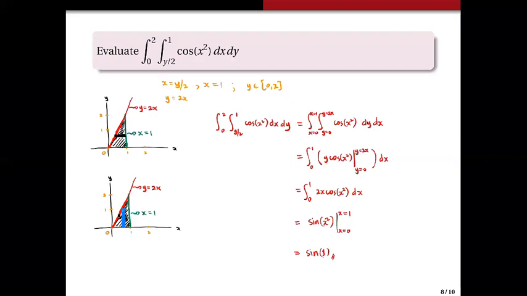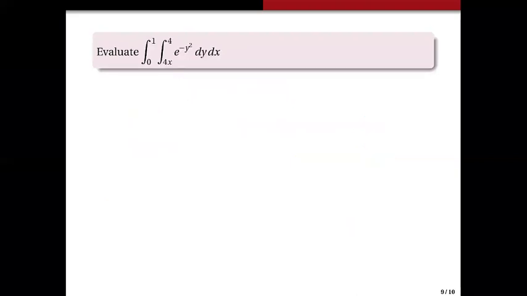Okay. For my last problem for this session, evaluate the integral from 0 to 1, integral from 4x to 4, e raised to negative y squared dy dx. Now you look at your integrand, it's e raised to negative y squared, and you are integrating with respect to y first.